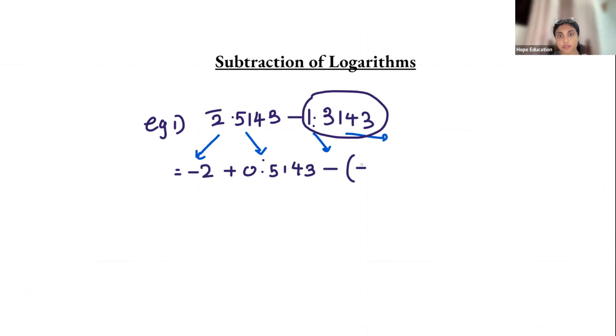That is the characteristic of that. Plus 0.3143. Up to that point, is it clear, Lamai? Others? Pasindu, Denuri, is it clear?